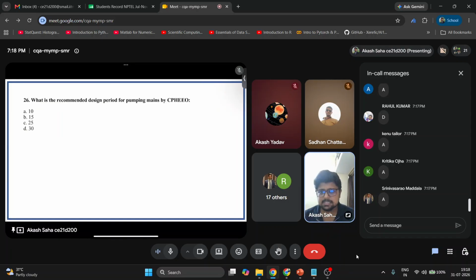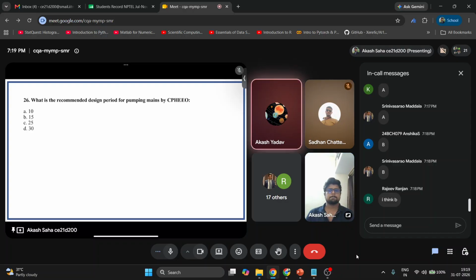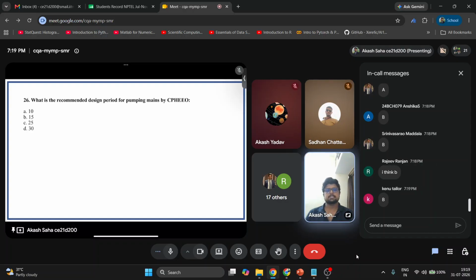What is the recommended design period for pumping mains as per CPHEEO? We discussed something about the useful life. So design period is the useful life, so for pumping mains, most of you answered correctly.